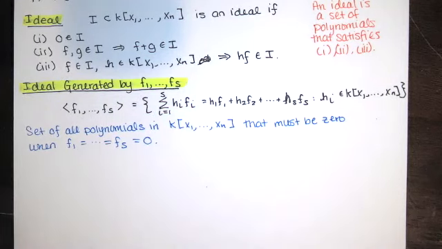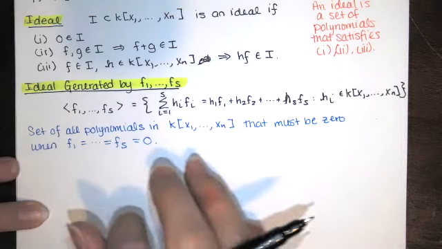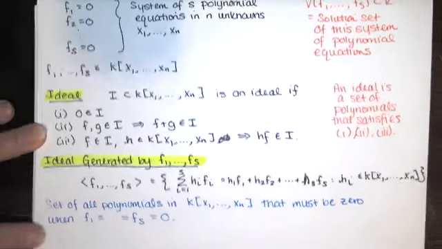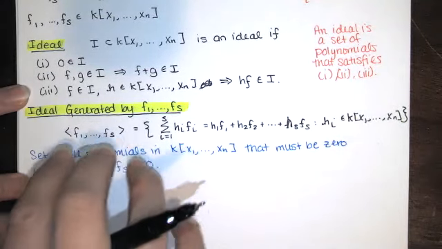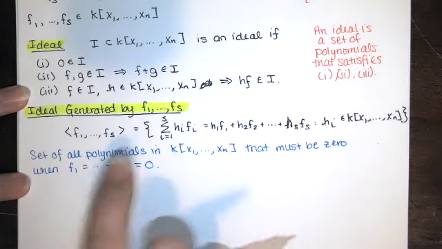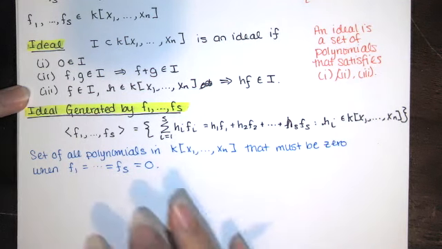So the textbook authors call this a set of polynomial consequences of these functions f sub 1 through f sub s. The way I want you to think of it is that it's a set of polynomial functions. So keep that in mind. But these functions all have to be 0 if the original functions are equal to 0.